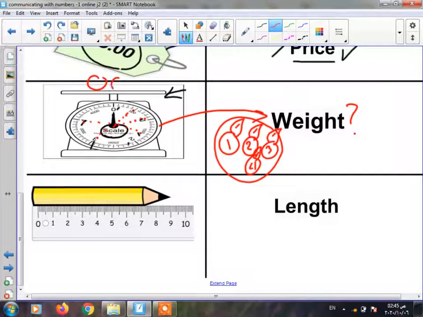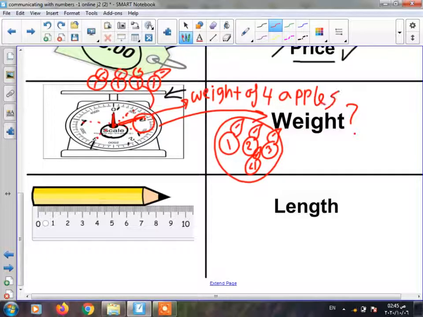So I will put 4 oranges on the scale, and then what happens? Yes, the pointer of the scale will move till it stops on a certain number. Okay, this number will give me information about what? Excellent, about the weight of those 4 oranges.